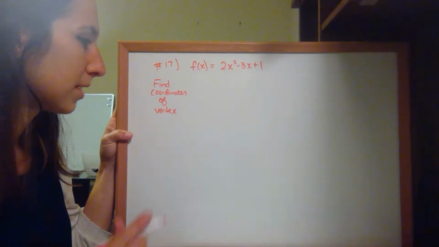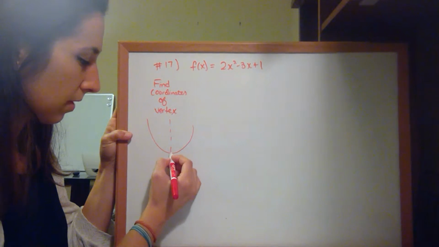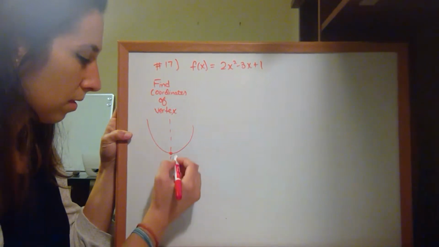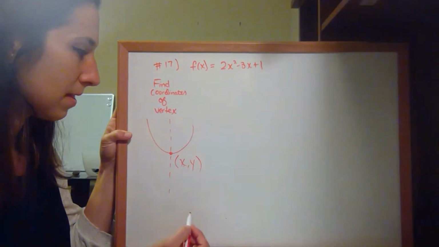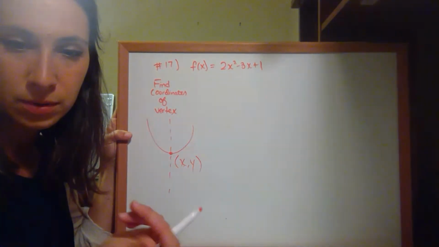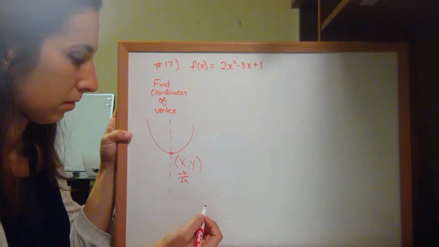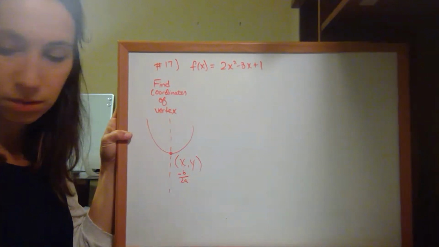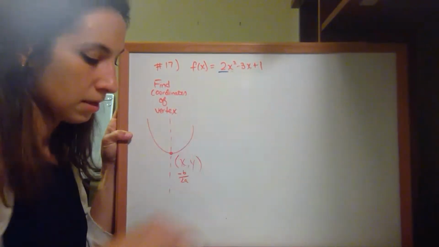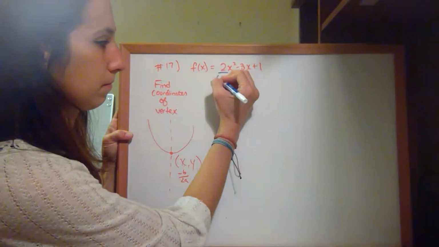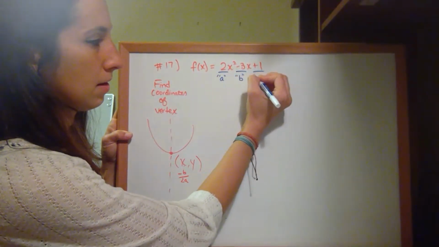Okay, so the vertex sits on the axis of symmetry right here. So that x value is always going to be the axis of symmetry formula that we use, negative b over 2a. Okay, so over here, this is a, this is b, and this is c.